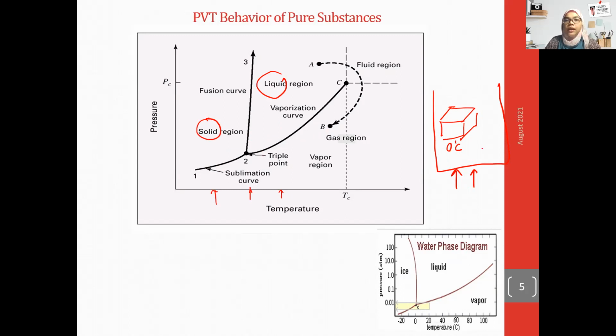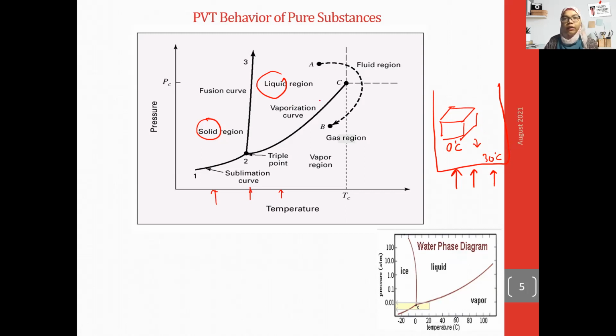at a certain point. And then after that, from the liquid, maybe we heat up until 30 degrees Celsius. If we continue heating this vessel, all the ice will turn to the liquid phase. There is no more solid or ice in that vessel.